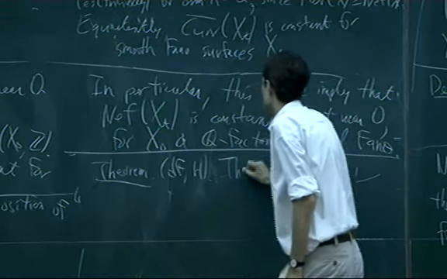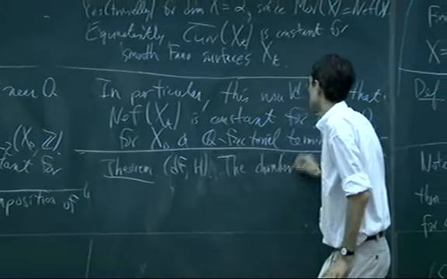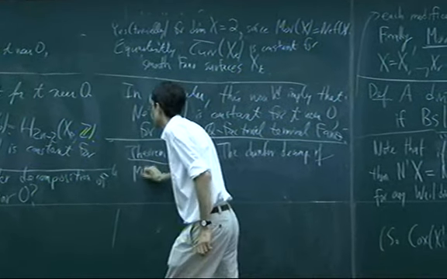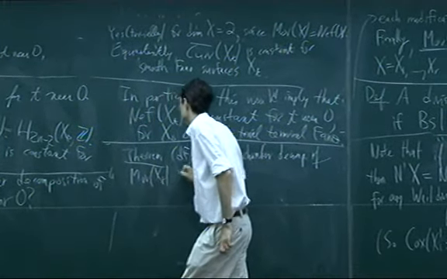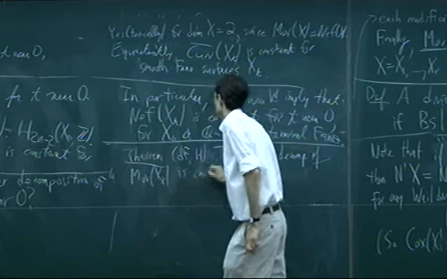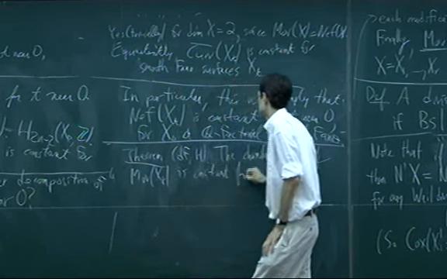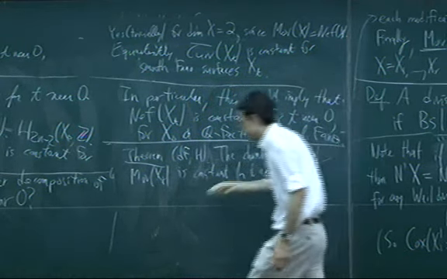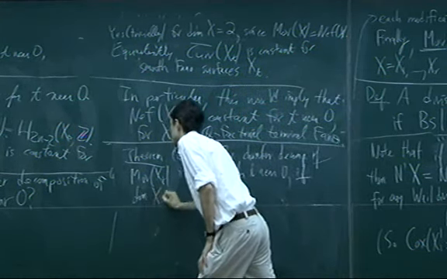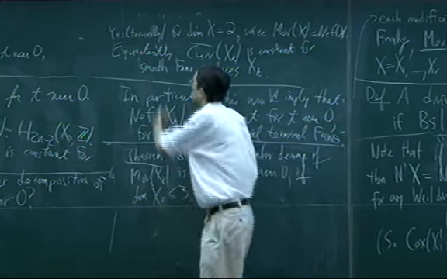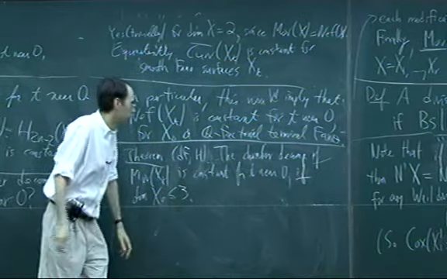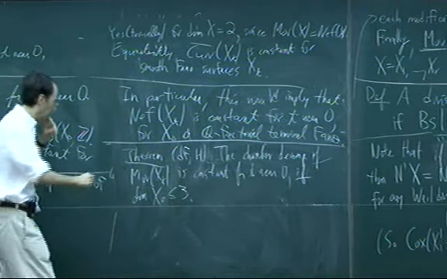The chamber decomposition of the movable cone, in particular the Nef cone, stays constant for t near 0 if X naught has dimension at most 3. For dimension 2, this was easy from their other results, but also in dimension 3 they get this.